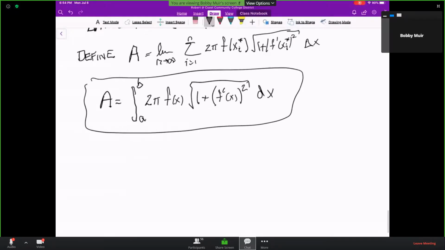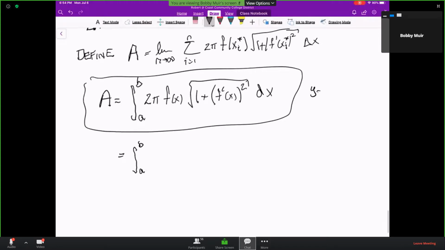Another alternative way of writing this, if y is equal to f of x, you see these formulas quite often, would be the integral from a to b of 2 pi y times the square root of 1 plus dy/dx squared dx.